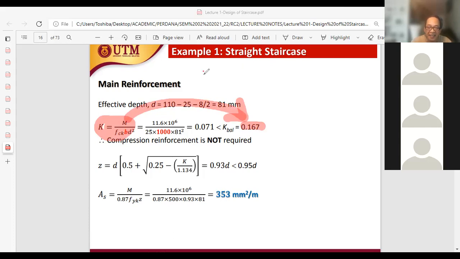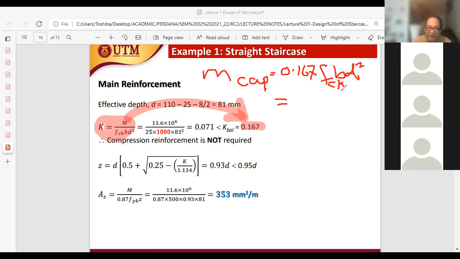Maksud saya kira dulu M capacity of the section, which is equal to 0.167 multiplied by FCK, K darabkan dengan FCK, BD squared. Okay, Asmita, berapa dapat ni?